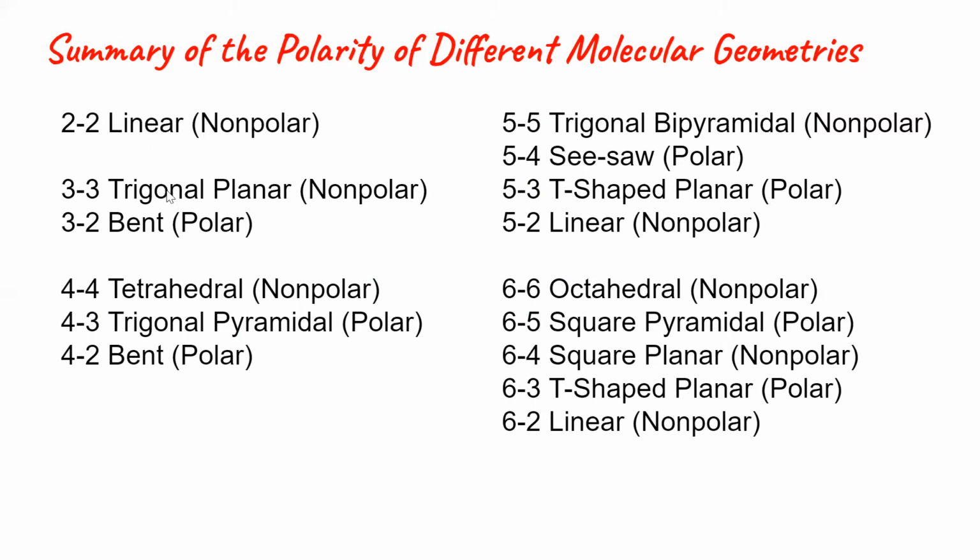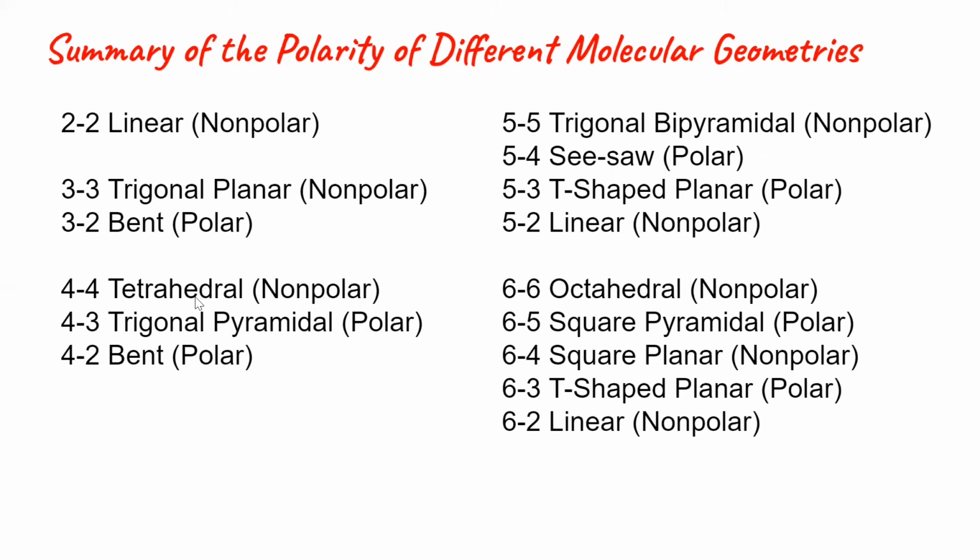If we look at something that is trigonal planar, again, we're going to say that that is nonpolar. If we look at something that we classify as bent, because of that odd pair of electrons that's not balanced out, we're going to say those molecules are polar. In fact, anytime that we have an unbalanced force, that molecule is going to be designated as polar.